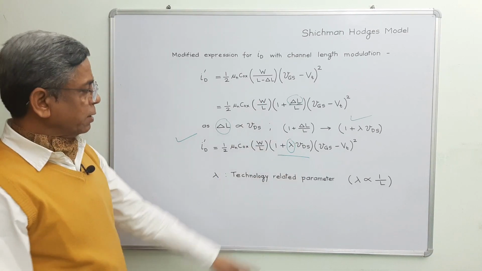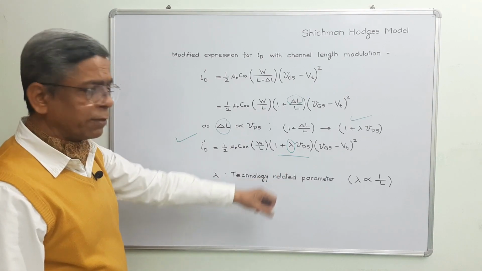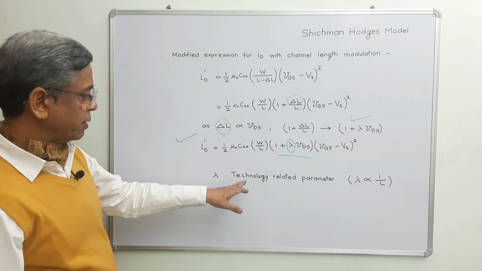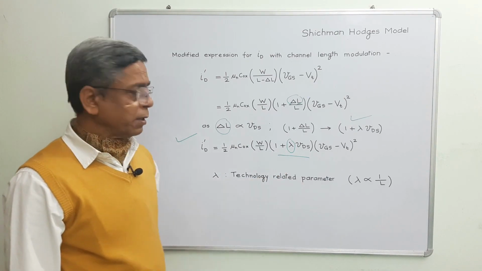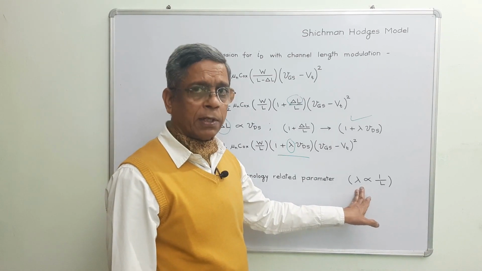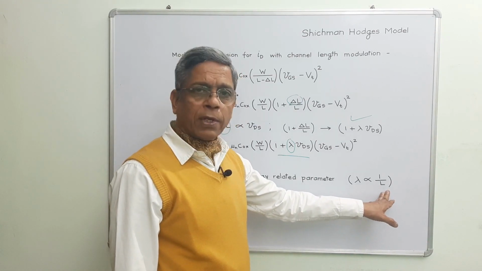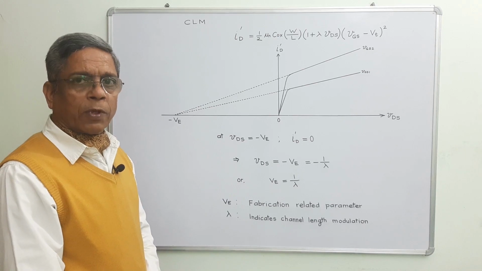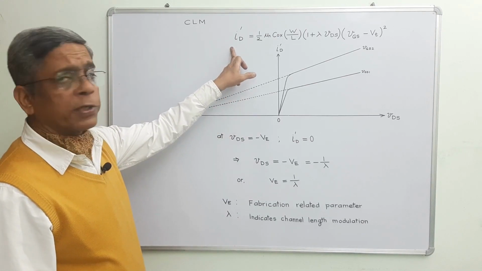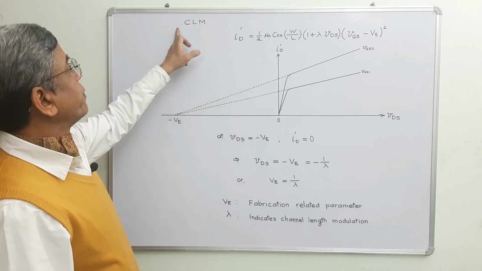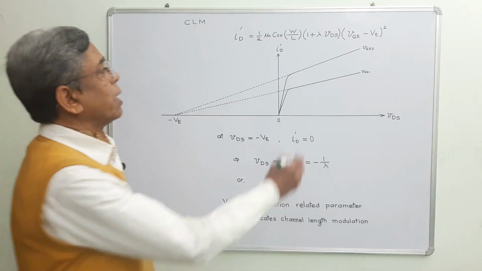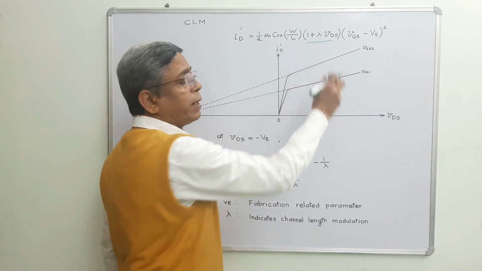This is called lambda. This lambda is a very important parameter. In fact, this is a technology related parameter, and it is inversely proportional to channel length. So this is the modified expression for drain current under the effect of channel length modulation.